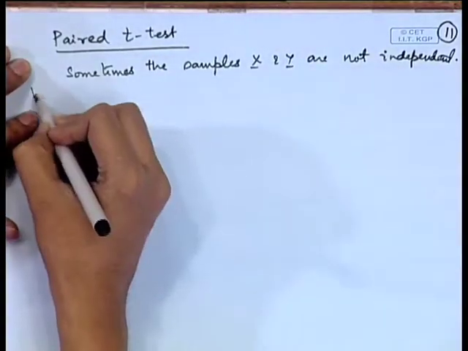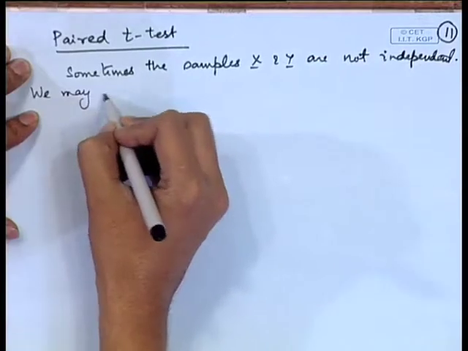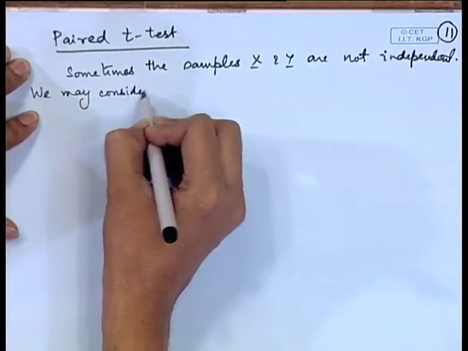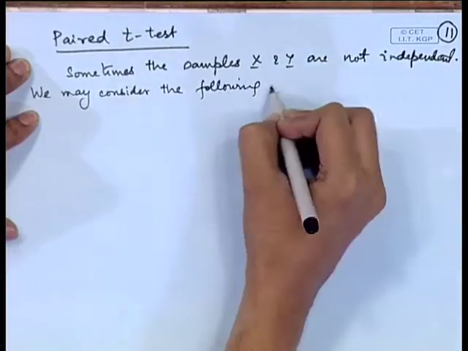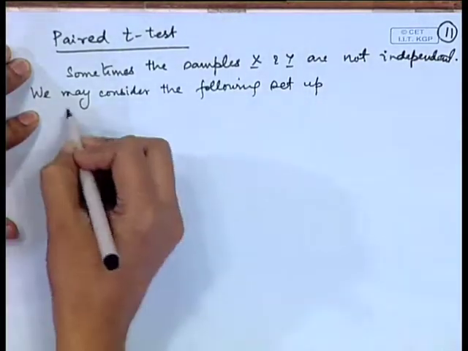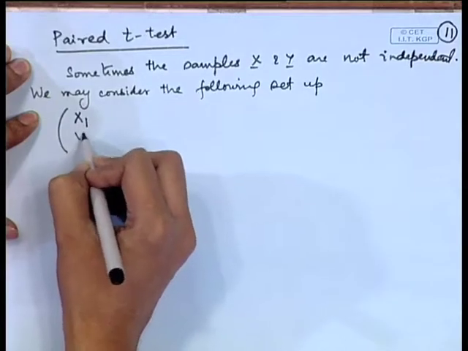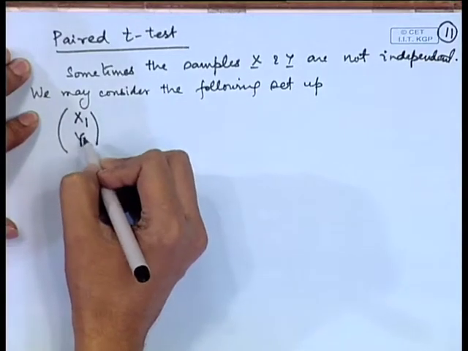So, we may consider the following setup. So, we may now consider that x 1 y 1, these are observations on the same entity.